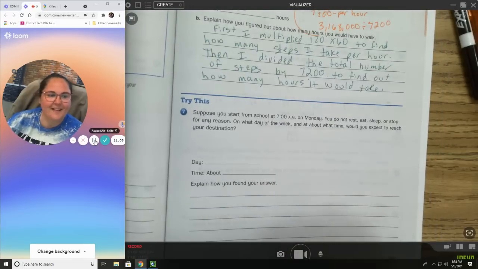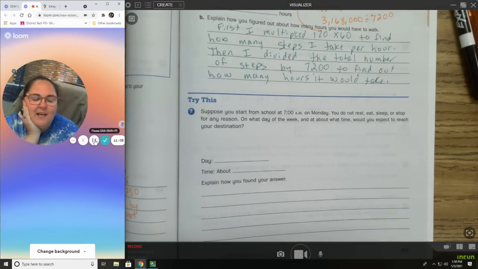All right. And finally, it says, suppose you start from school at 7 a.m. on Monday. You do not rest, eat, sleep, or stop for any reason. On what day of the week and at about what time would you expect to reach your destination? Oh my goodness.